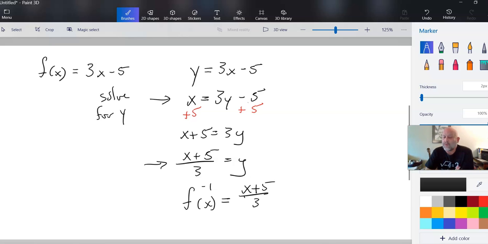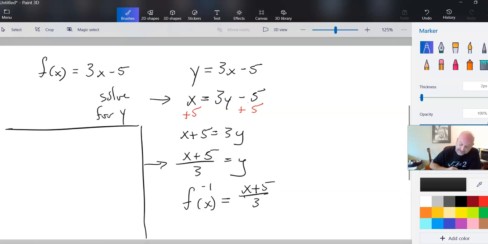Okay, so we want to make sure that we actually have the inverse here. And so there's a test for it. In fact, the test comes from the definition of what an inverse is. Let me write the definition here, and then we'll look at the test. So f inverse is the inverse of f if, actually, I'm going to put two f's on that if.